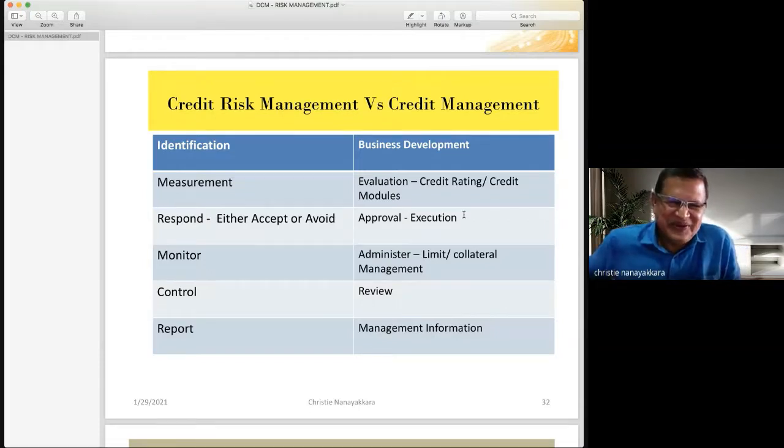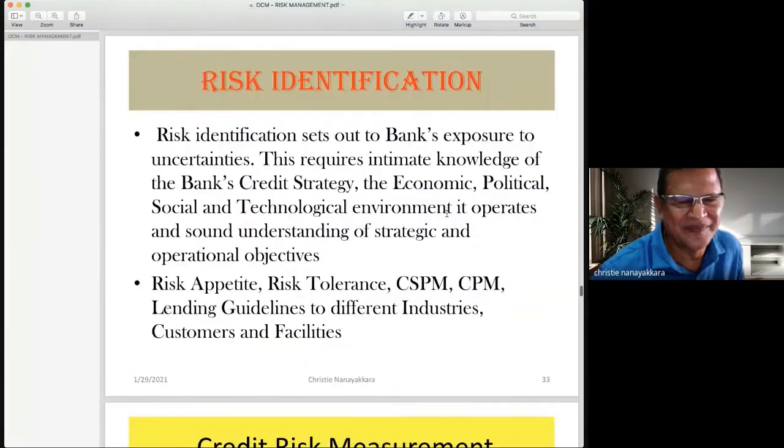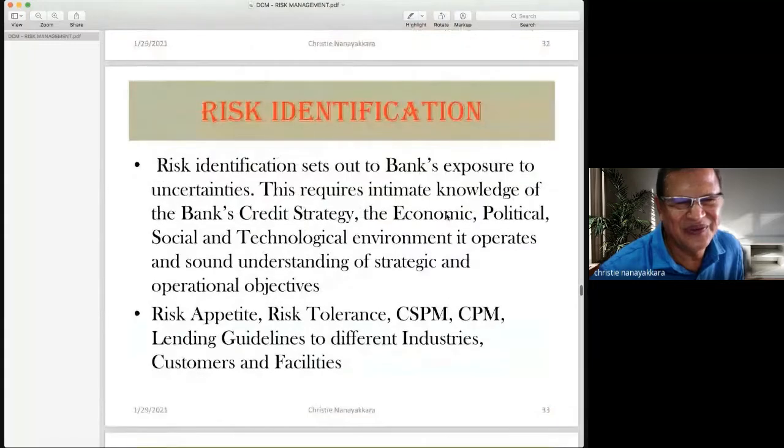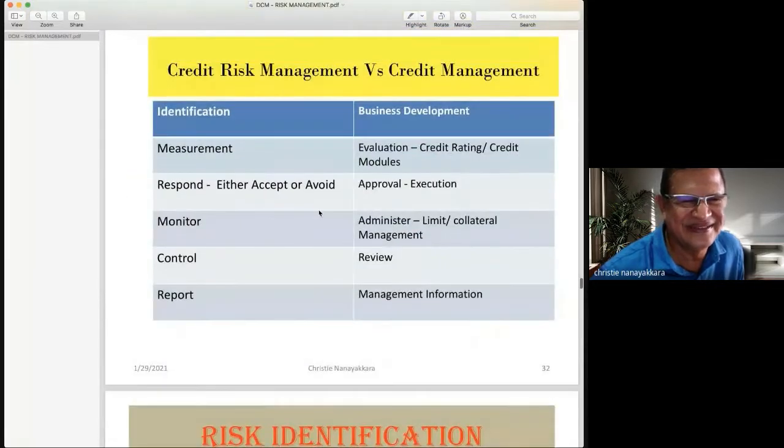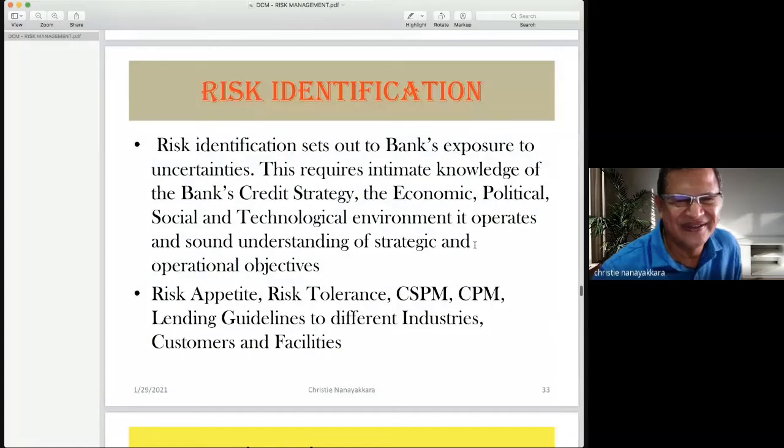Only certain terms used in credit risk management and credit management differ. So the process is similar in comparison. We have looked into this area, the credit management process we have gone through.